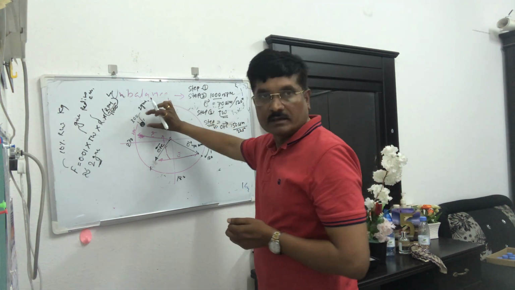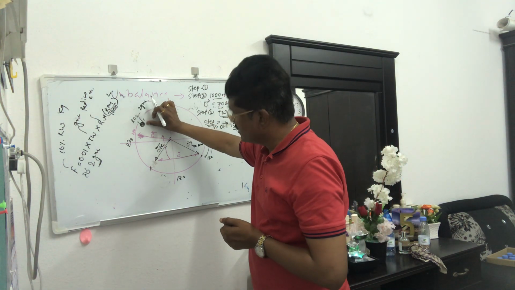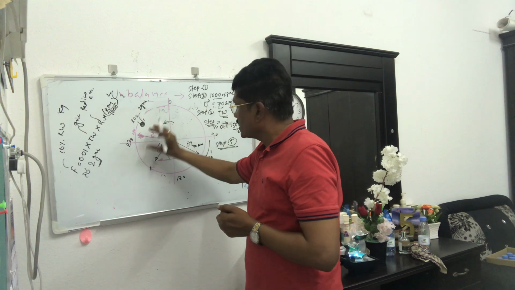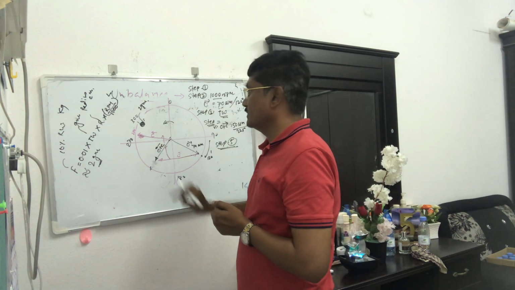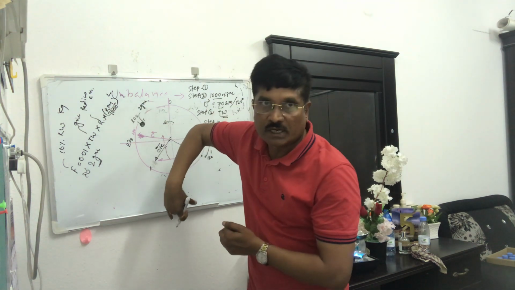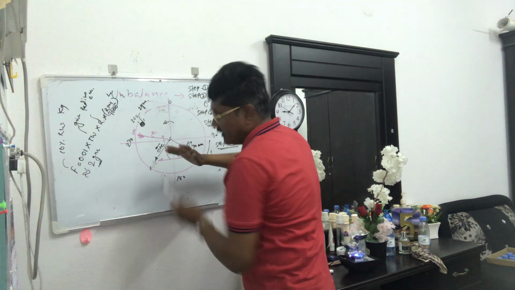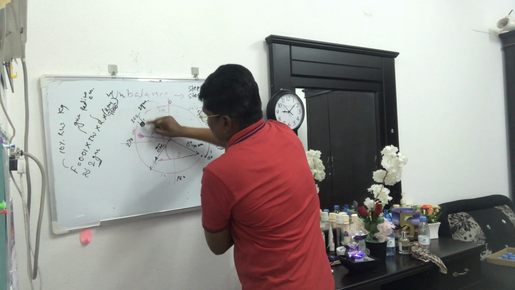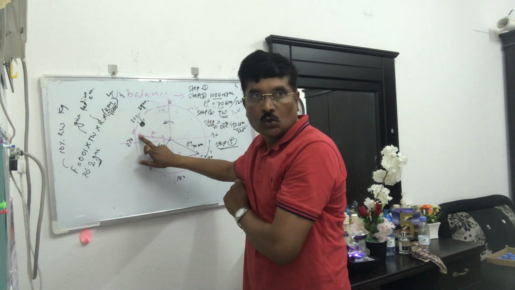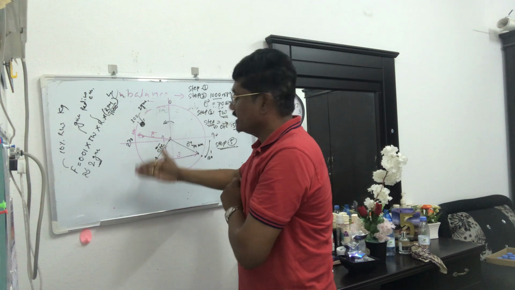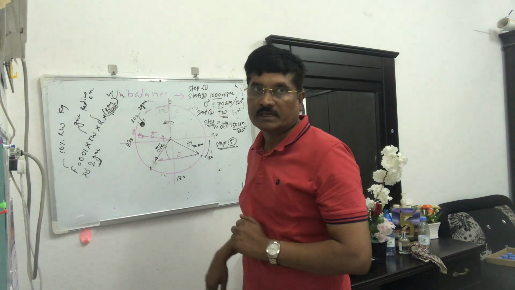I added the trial weight here at 300 degrees. I got its effect C at 280 degrees, about 20 degrees in the counterclockwise direction. It means if you add the weight here, then the effect comes here, about 20 degrees counterclockwise.